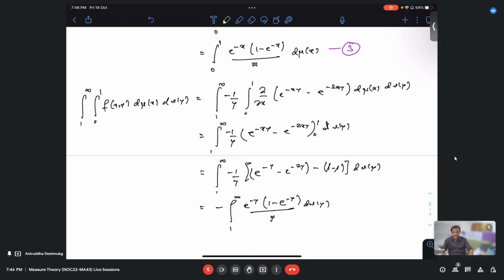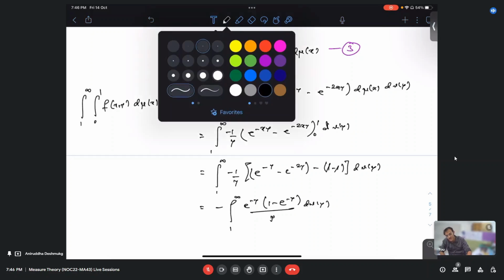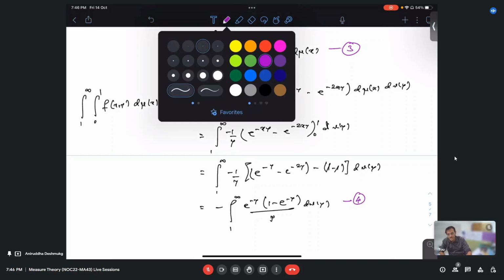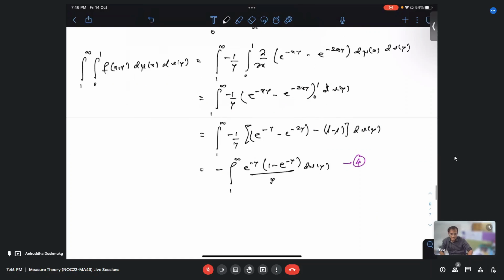So, well, notice that equation 3 and equation 4 are the same, except for the fact that the variables are changed, and of course the domain is changed. So I can very well write this.